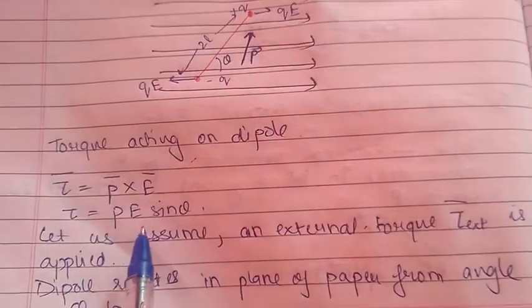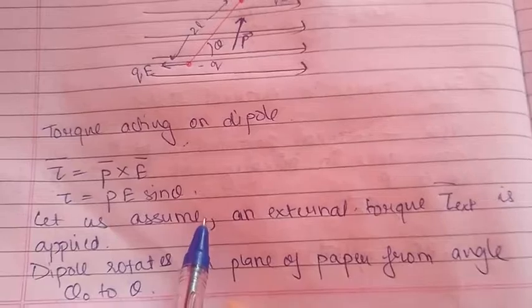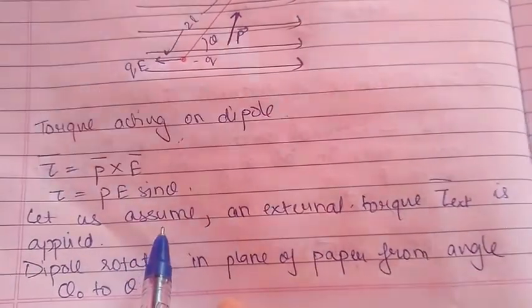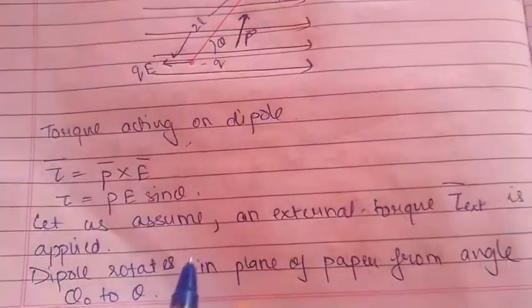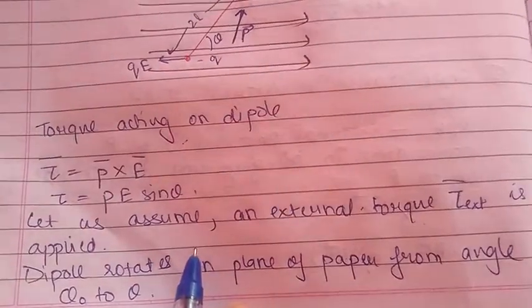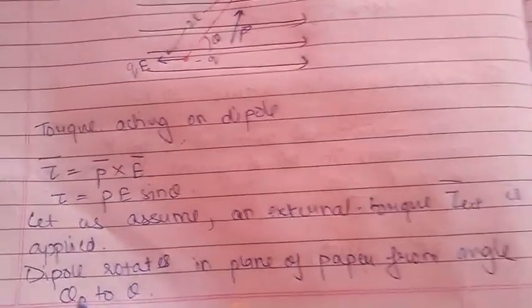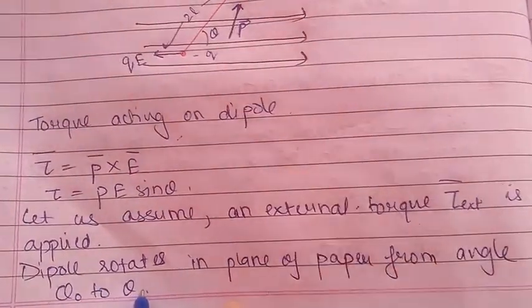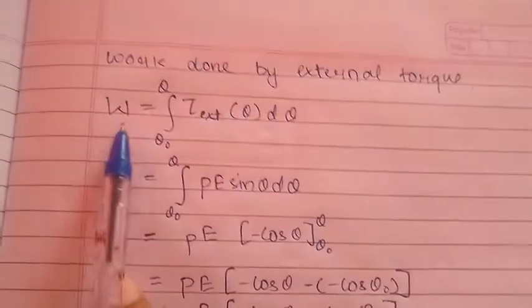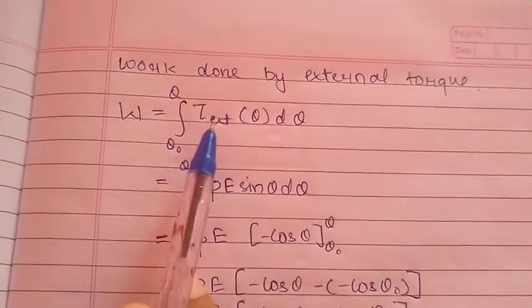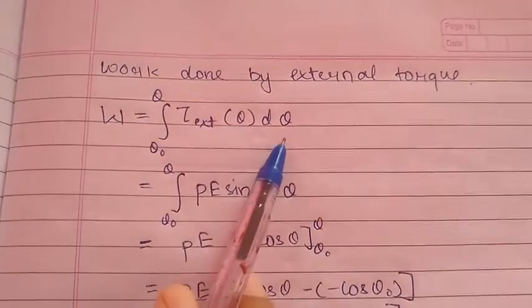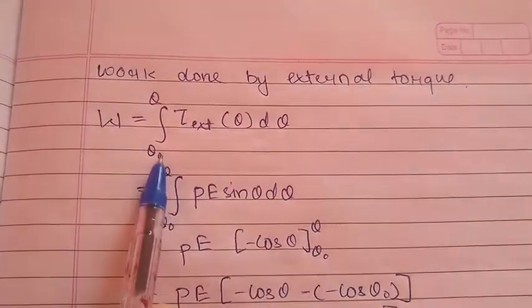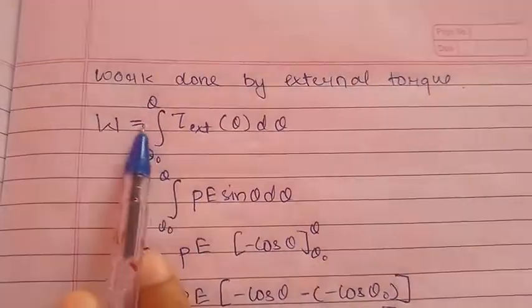Now you just assume that an external torque is applied, and when that external torque is applied, the dipole rotates from a position of angle theta naught to theta. So let the initial position be theta naught, and when you apply some external torque, the final position is theta. So the work done by the external torque will be the integral of the external torque into d theta, where the lower limit is theta naught and the upper limit is theta.